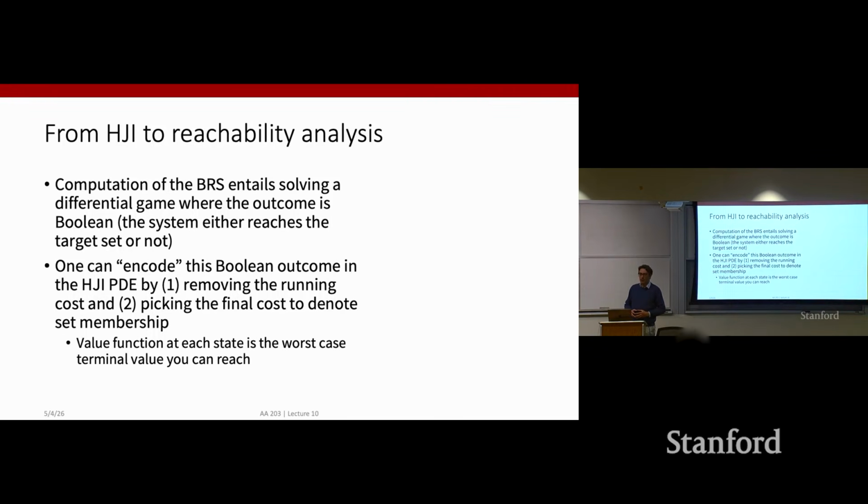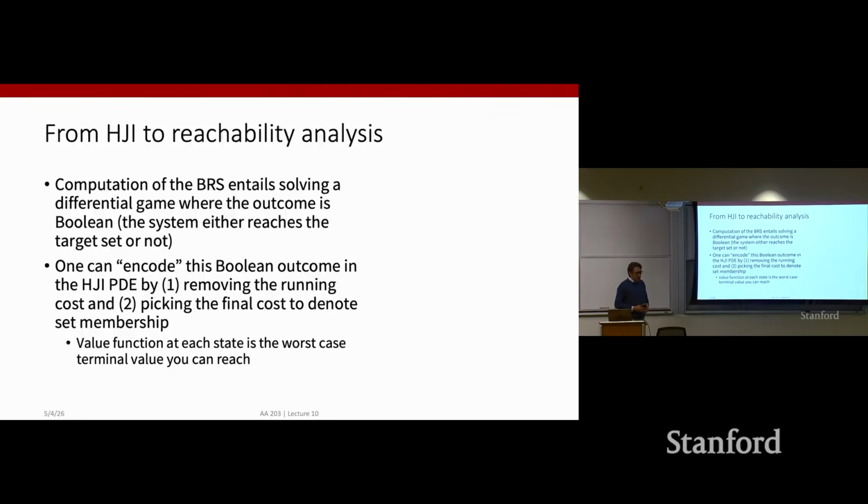From last time, it means that there are two players. We are player one. We use the controls at our disposal in order to either avoid a target set or reach a target set. And then there is player two, nature, that through a disturbance control is trying to thwart our attempt to fulfill our control objectives.